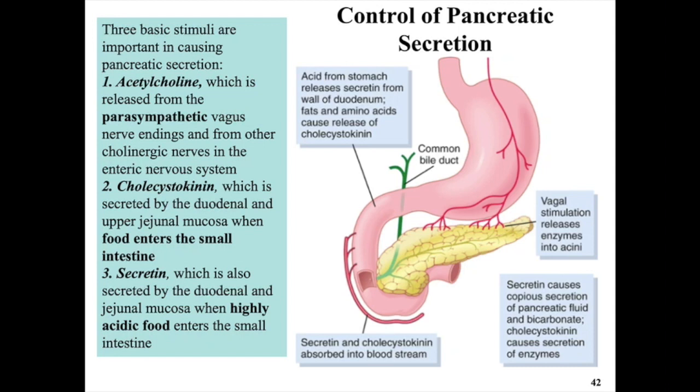The parasympathetic has a general activation over the digestive system. And we have acetylcholine activating the pancreatic secretions. But then we have two other substances which act as hormones, because they will be released into the blood, and then will act in different portions of the pancreas, the gallbladder, and the sphincter of Oddi.